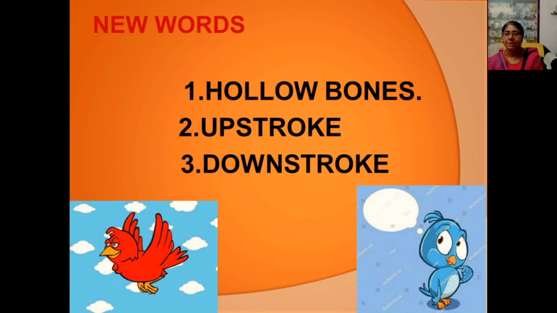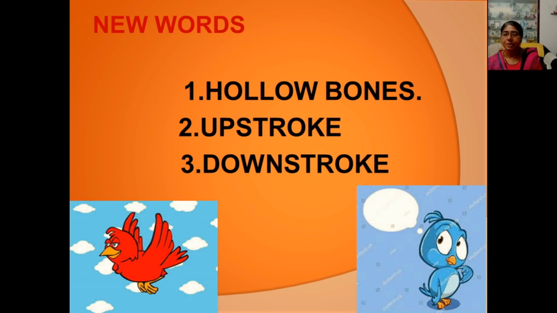Hollow bones is a special kind of bones you can see in birds. There are air sacs in the bones of birds. Upstroke means a special kind of movement you can see in birds.